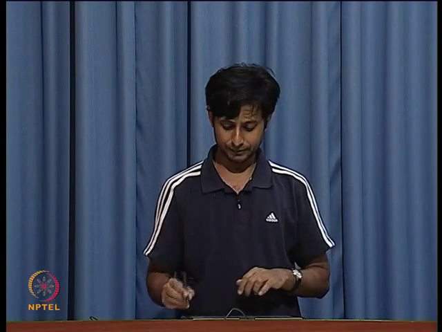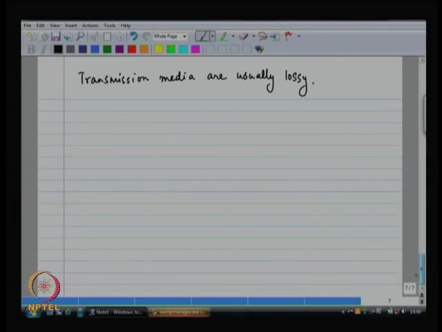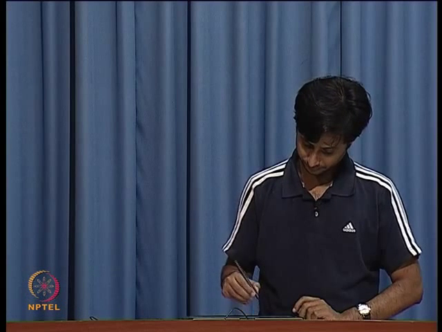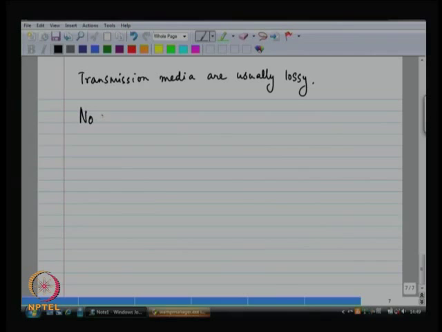And when there are no reflections, if I transmit a pulse on the source side and it travels over the medium, then all that I am going to receive is a delayed pulse.